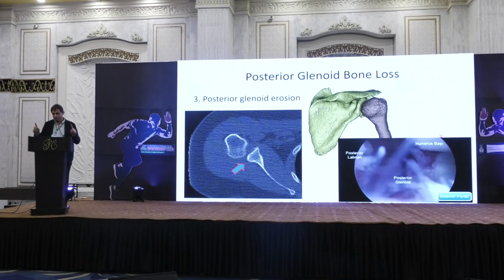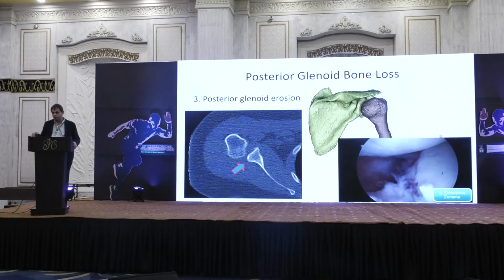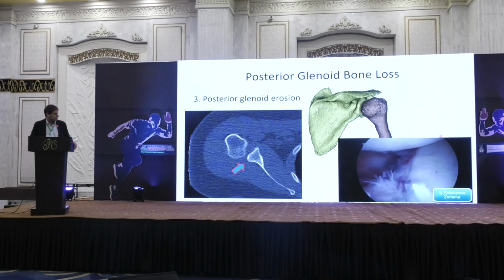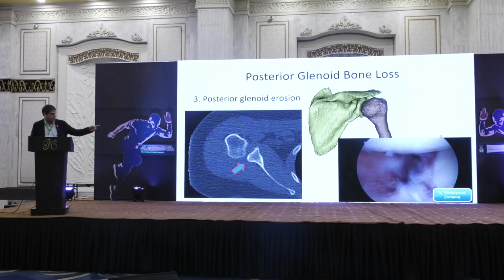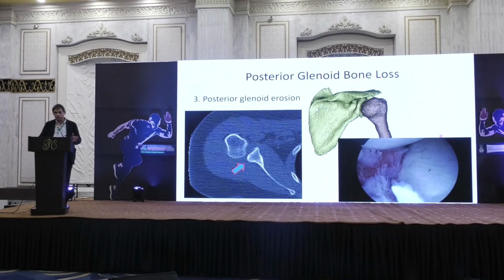The main problem that we face mostly is posterior glenoid erosion, which can be missed by most of us. You can see that there is bone erosion on the posterior side of the glenoid, and the humeral head dislocates posteriorly, and there is no support on the posterior side of the glenoid.